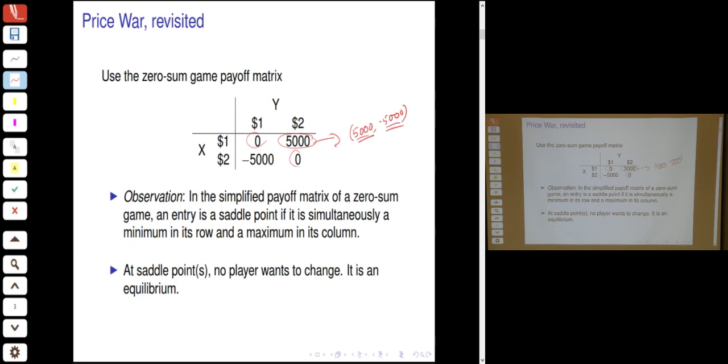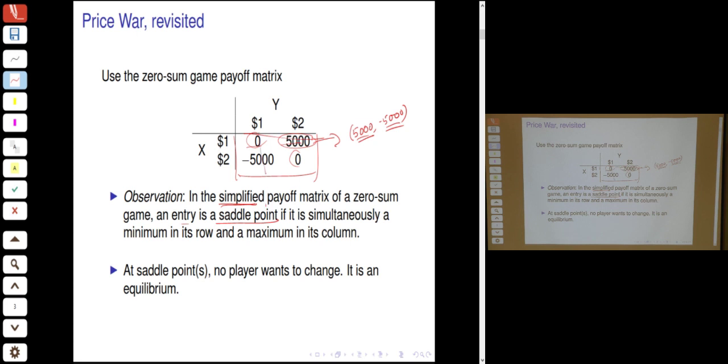If you just look at this sort of matrix, then this is the matrix of a zero sum game, and this is the simplified payoff matrix, because for every entry you do not have a pair of numbers but just a single number, because the game is zero sum. That is captured by the adjective simplified. And remember that an entry of this kind of payoff matrix is a saddle point if it is a minimum in its row and a maximum in its column.